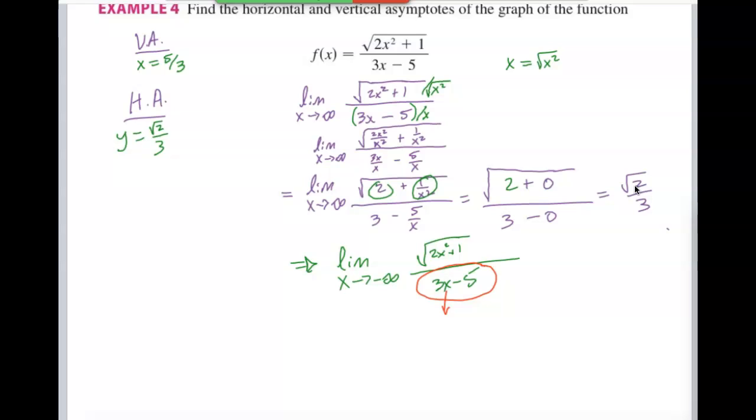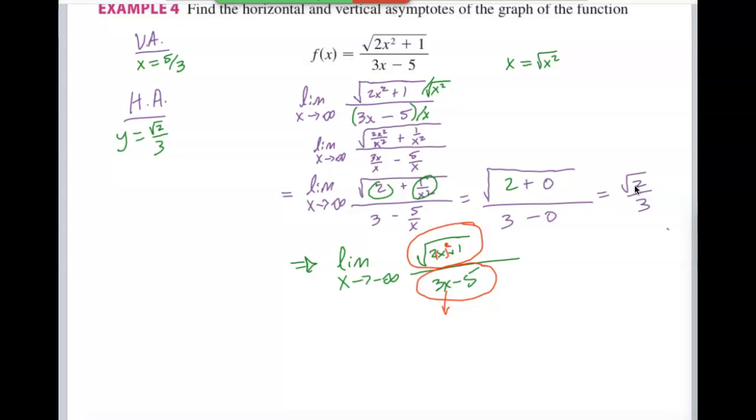What about the sign of the numerator as I approach larger and larger negative values of x? Will the numerator be negative or positive? The numerator is going to be positive because remember, we're going to plug in a negative value for x, but then we're going to square it, making it positive.